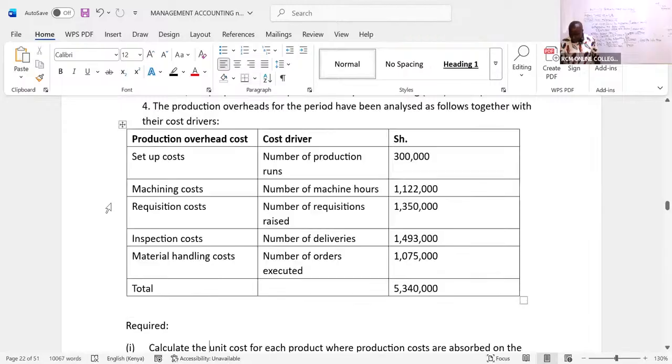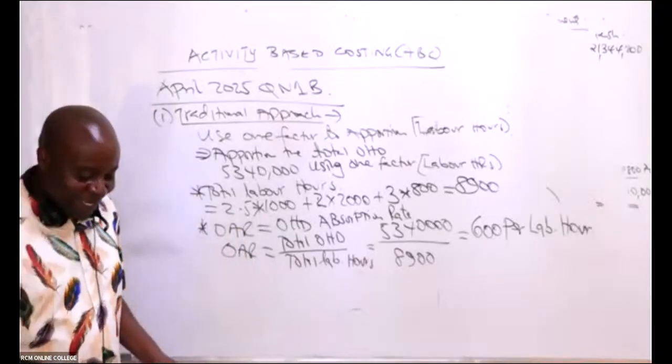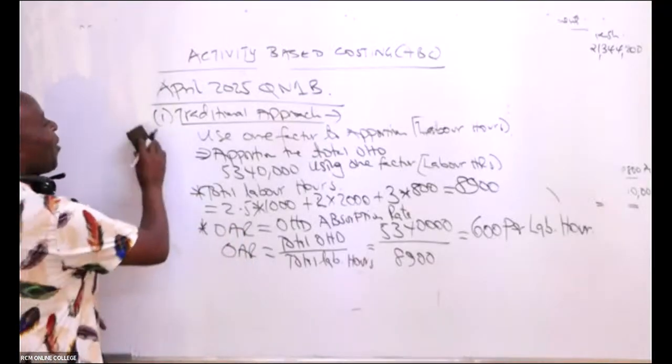The question here, you can see: calculate the unit cost for each product where production costs are absorbed on the base of direct labor hour. So they want us to give unit costs.